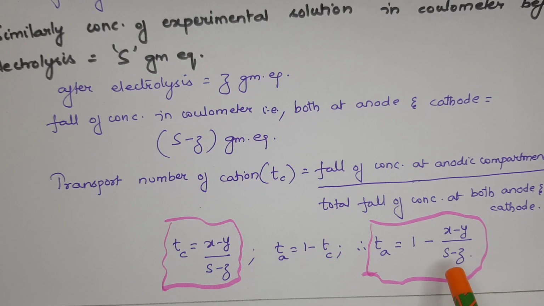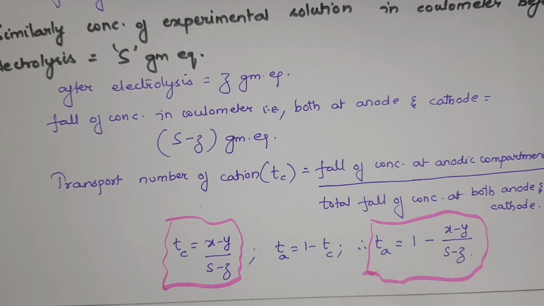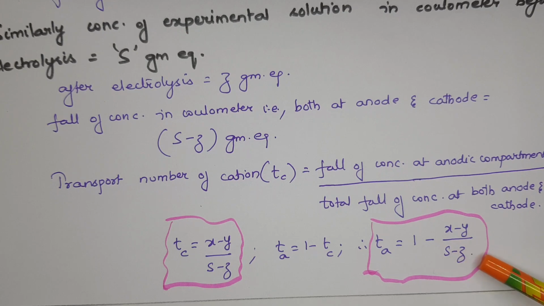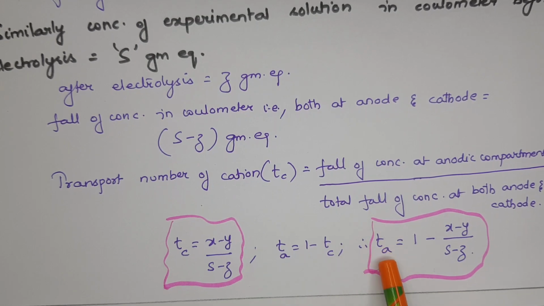So from the coulometer we can get the fall in concentration at both, and however much concentration is decreased at both anode and cathode, that we will know from the coulometer. So that is S minus Z. This is the fall in concentration at anode. So 1 minus X minus Y by S minus Z gives the value of Ta, that is the transport number of anion.